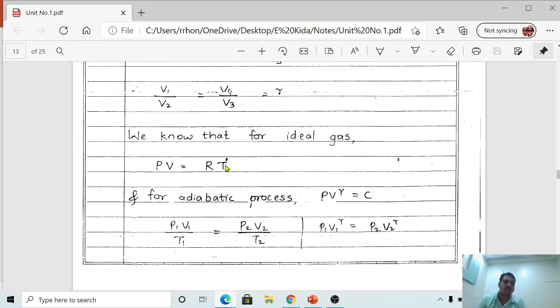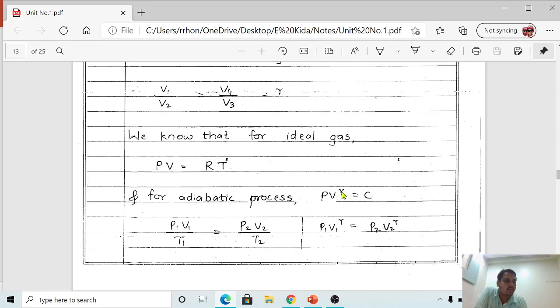P1 V1, take this T over here, P1 V1 divided by T1, and for process 2, P2 V2 divided by T2. Which are those processes? Compression and expansion. So we are assuming two processes are there. So P1 V1 by T1 is equal to P2 V2 by T2, and similarly we know PV raised to gamma is equal to C, and this is the adiabatic process.